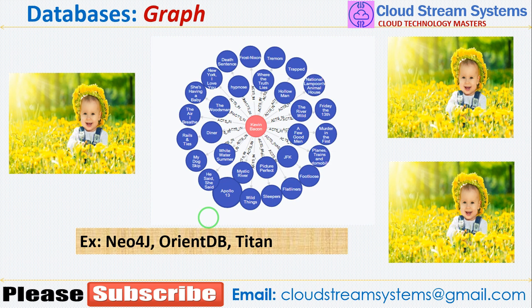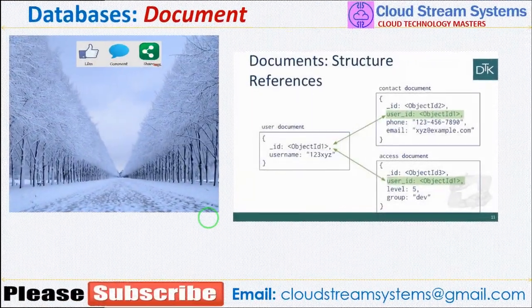So many you will be seeing. To find out those kinds of things, graph databases are pretty helpful. Neo4j, OrientDB, Titan, these are some of the examples for graph databases.